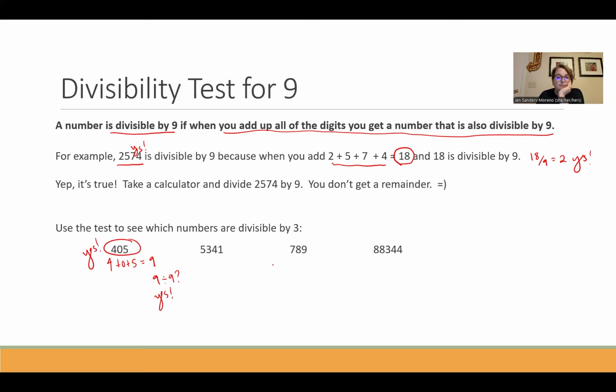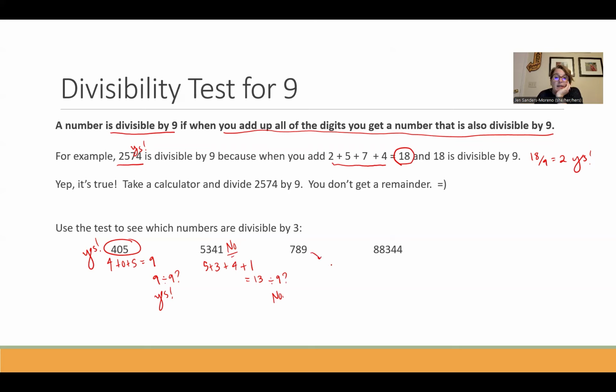Okay, let's go to the next one. 5 plus 3 plus 4 plus 1. Let's see. 5 plus 3 is 8. 4 more is 12. 1 more is 13. Sorry, but 13 is not divisible by 9. So that means that this one is a nope. Okay.